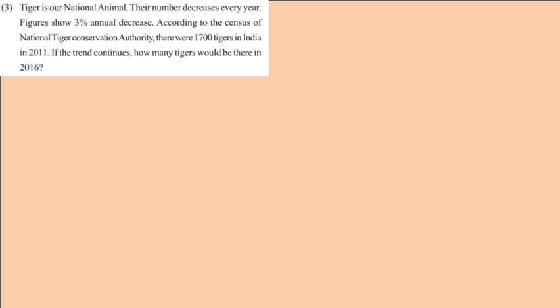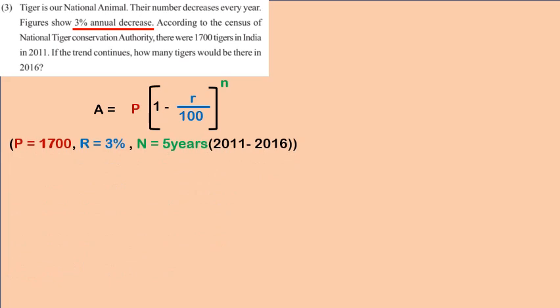See children, here also annual rate is decreased by 3%. So we have to use the formula A equal to P into 1 minus R by 100 all raised to N. Here P is the number of tigers in 2011, that is equal to 1,700. R is the annual rate of decrease, that is 3%. N is the number of periods from 2011 to 2016, which is equal to 5 years.